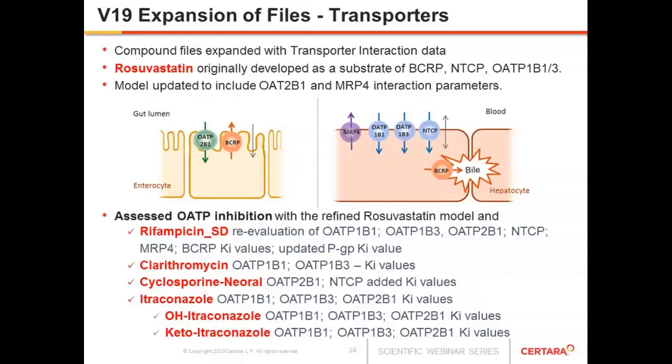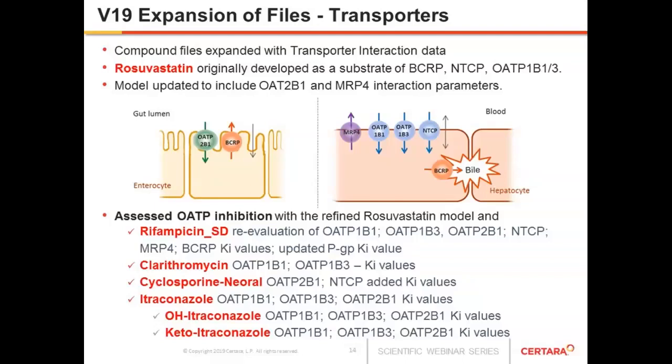Based on the assessments that we did with rosuvastatin, we were also able to update and expand further a number of other compound files that we have in the simulator, including the rifampicin file, where additional interaction parameters have been added. Clarithromycin, we've added additional Ki values for OATP1B1 and 1B3. Cyclosporin, again, we've updated additional Ki values for the file.